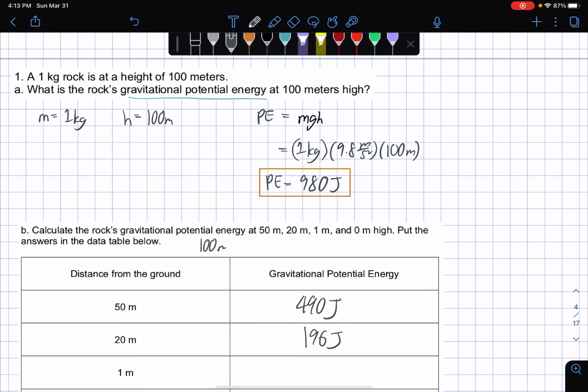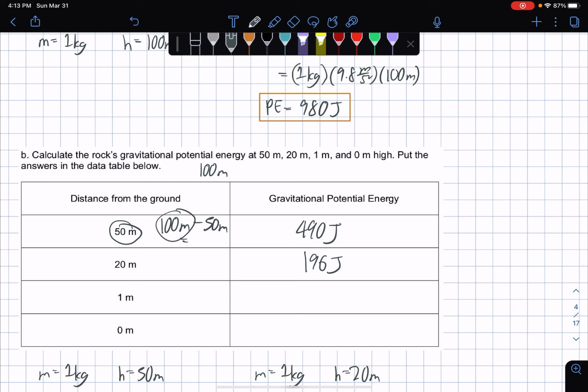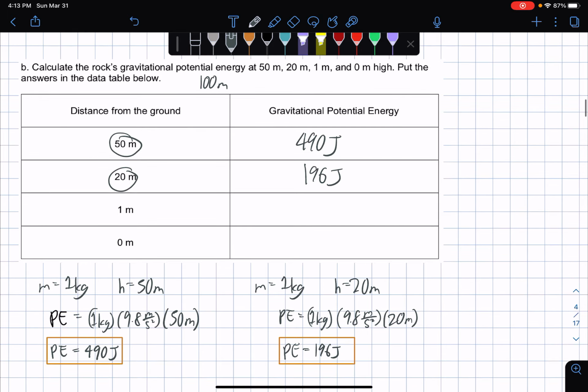Basically, this is the total, this is the provided distance, and whatever is the difference of the two values, that's the distance that you'll be using. For example, here we have 20, so 100 minus 20, you use this distance instead to look for the KE. So yes, that's one thing that makes the future questions more complicated to answer.